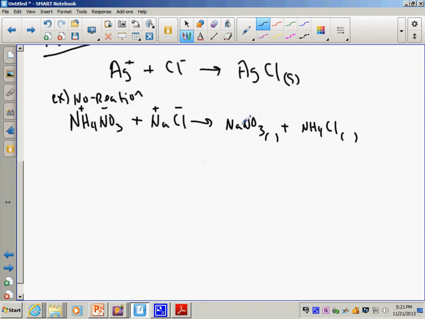These are potential products. Make sure you balance the charges on all ionic compounds, and we're all done here. Do a quick check. This one contains sodium and nitrate, so it is aq. This one contains ammonium, so it is very soluble, aq.